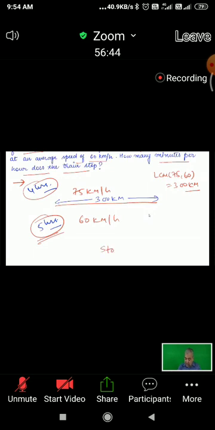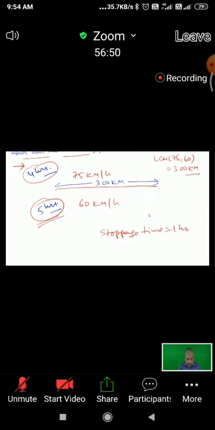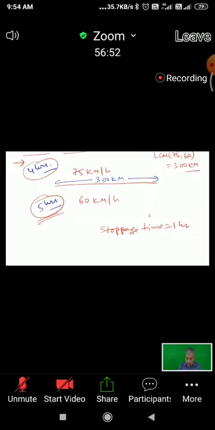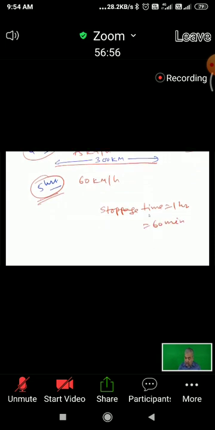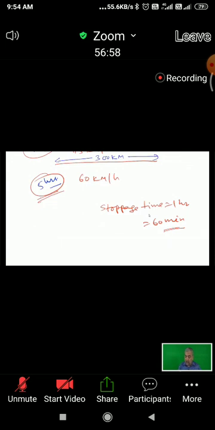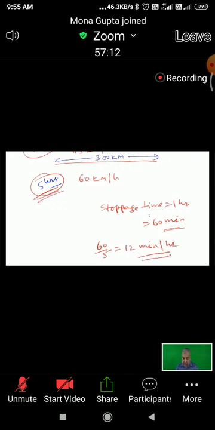So the stoppage time is 1 hour. 1 hour is 60 minutes. Now 60 minutes stoppage in 5 hours. So on an average per hour, what is the stoppage time? 60 by 5, that is 12 minutes per hour. This is the stoppage time.